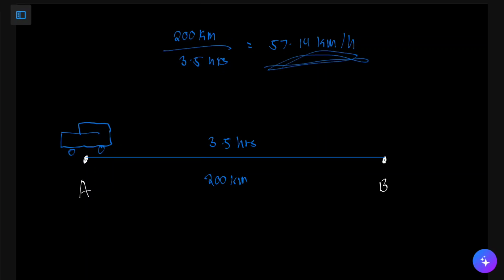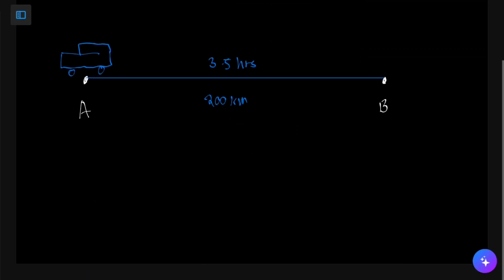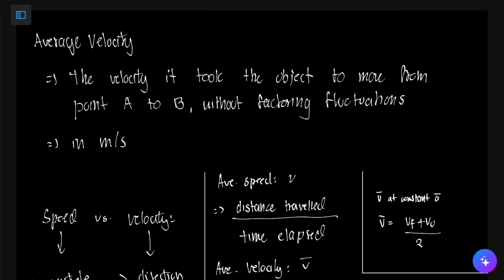So what does this value represent? So that value represents your average velocity. So average velocity is just the velocity that it took your object to move from point A to point B without factoring fluctuations.